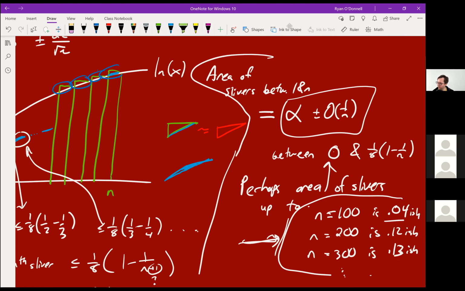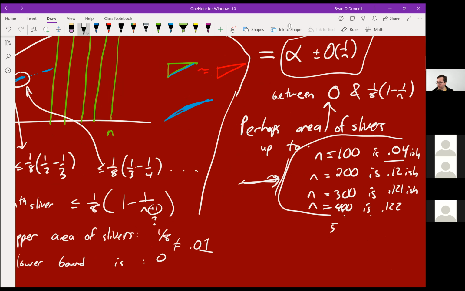Oh, well, that's not less than 1/8, so let me say 0.121. And then you might ask me, what's the area of the first 400 slivers? And I'd be like, it's 0.122. And then you might ask me, what's the area of the first 500 slivers? And I might be like, 0.1223. What question would you ask me next?